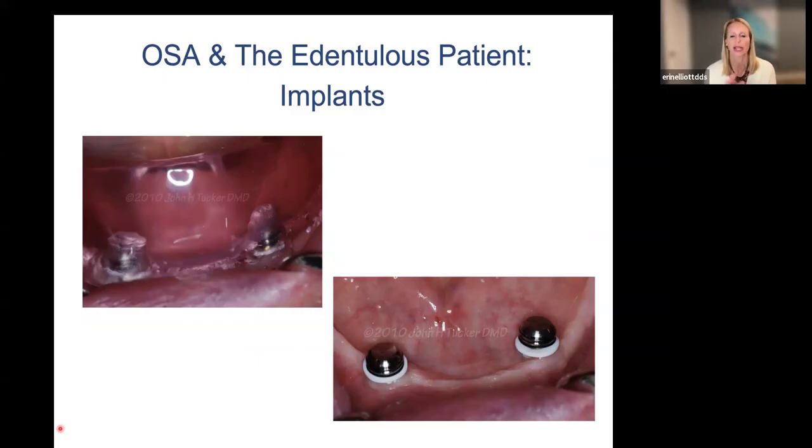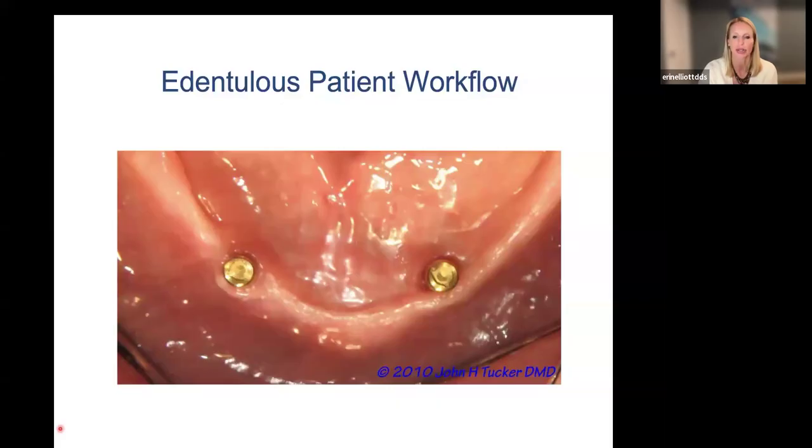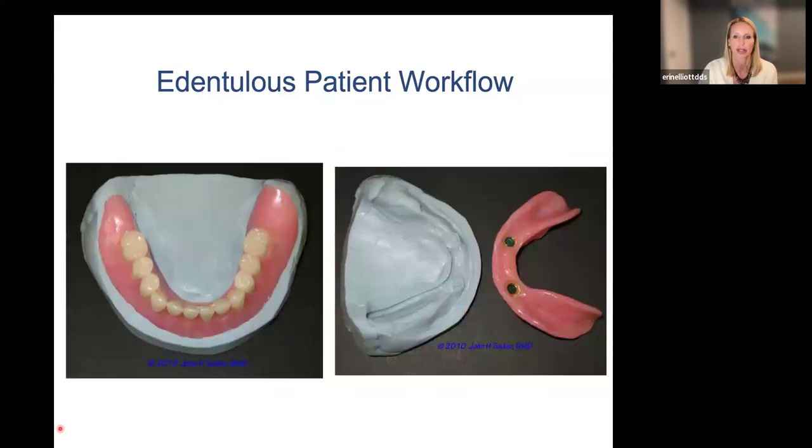So the way that we do that is an additional bite rim for the lower. SomnoMed will make it, and then we lock in the housings directly in the mouth. So there's the implants in place, and male versus female parts, we kind of refer to them as.